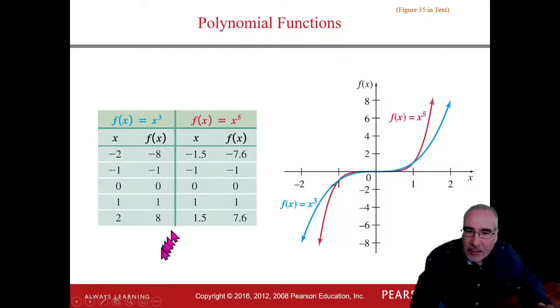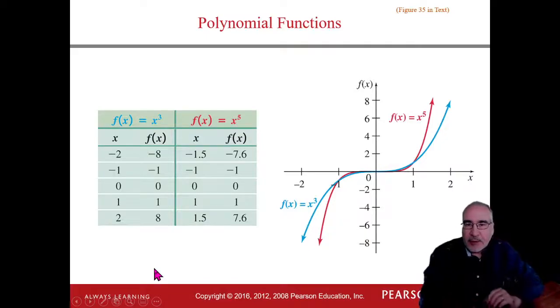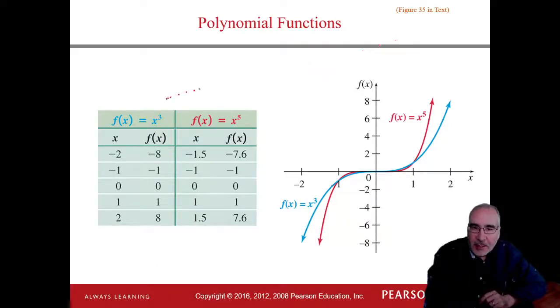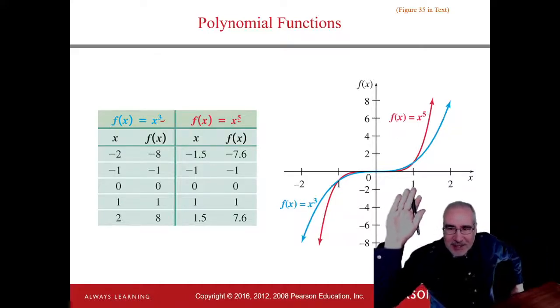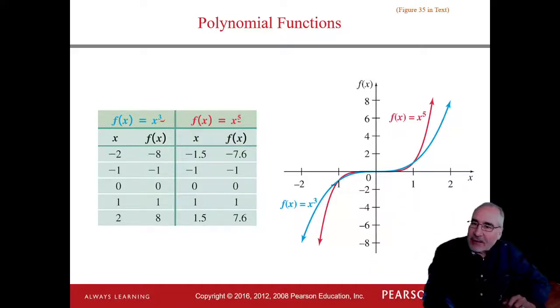Okay, so we get them into sort of two families based upon the exponents. When we have odd exponents, x to the 5th, x to the 3rd, x to the 7th, they're all going to look like this. I call this my saguaro cactus, with one arm up and one arm down sort of look. That's how our odd functions are going to look.